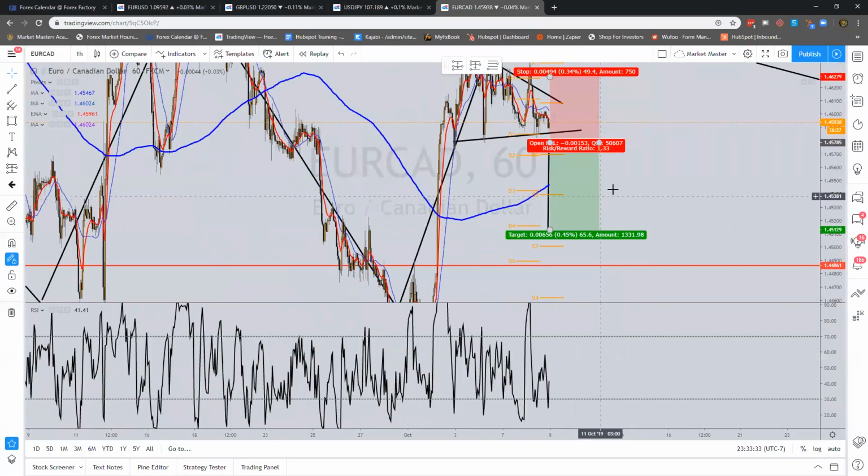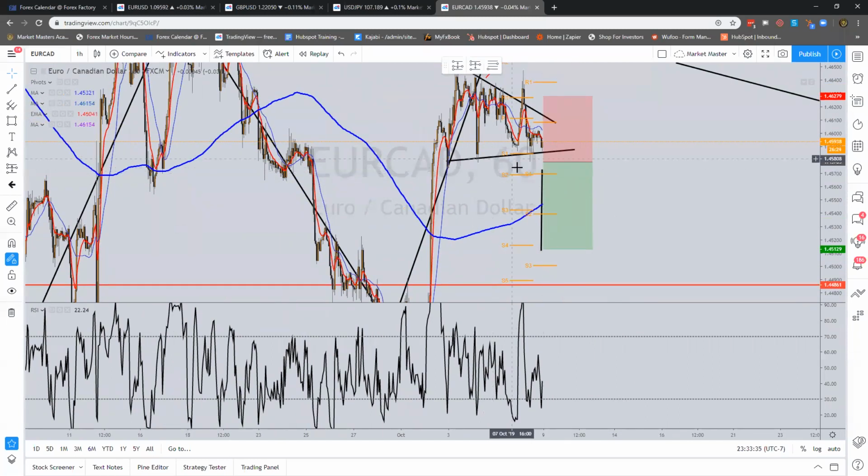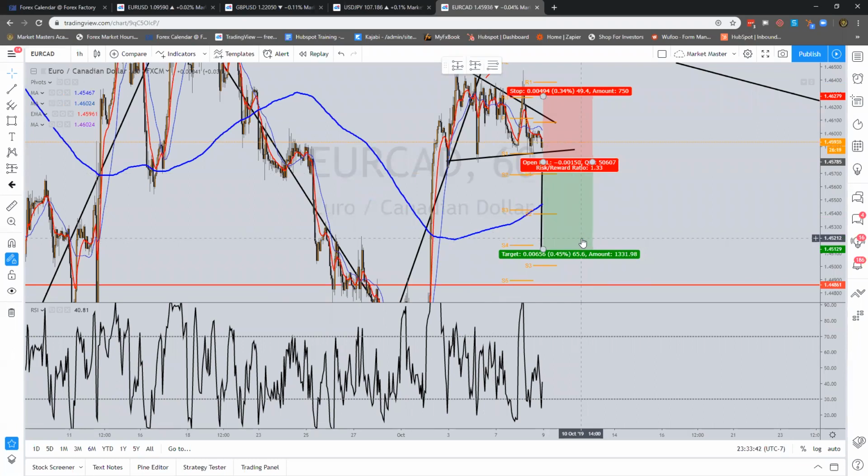You can pretty much catch this with a pending sell order, especially during the London session start, which should be in about 25 minutes.